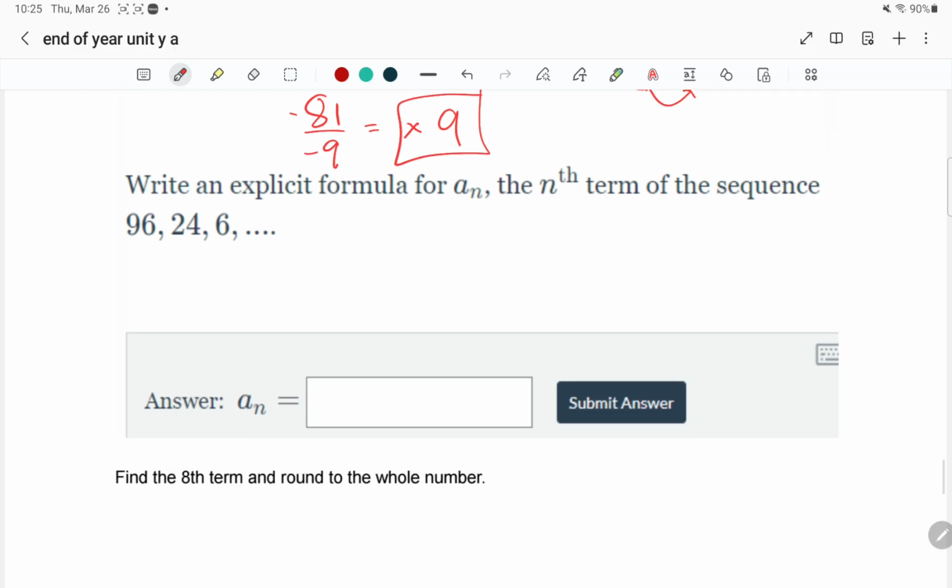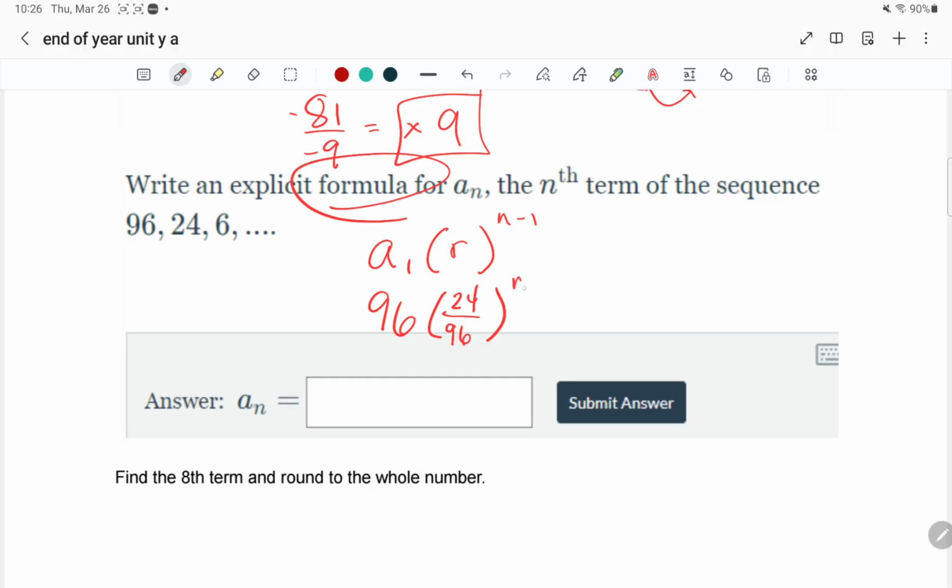All right, if I want to find the formula, so they're asking for the formula, not for a number. They're asking for me to write out the formula. So formula was A1 times the ratio to the n minus 1. So my first term is 96. My ratio is going to be second term over first term to the n minus 1.